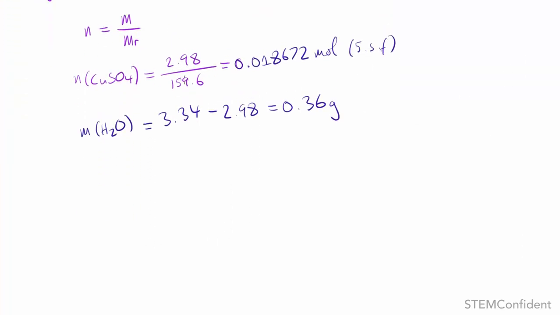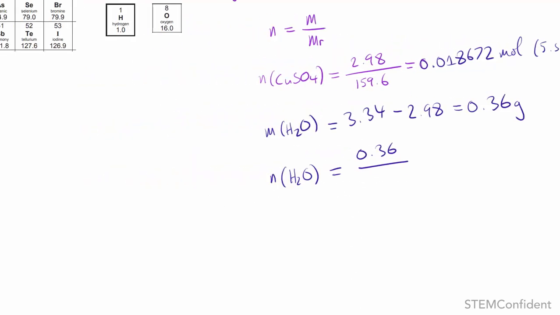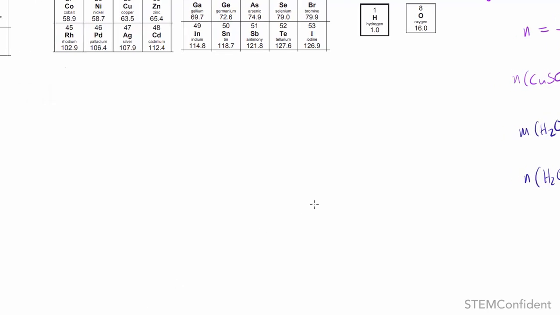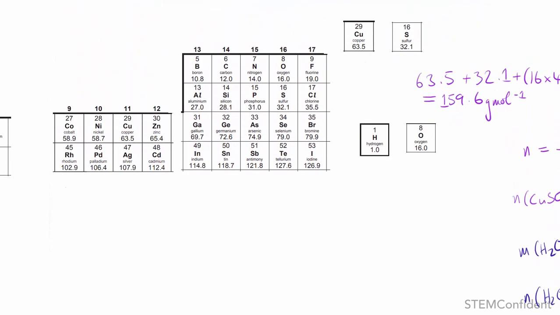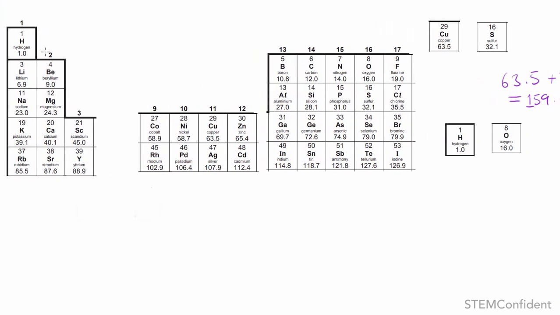And so in terms of the number of moles of H2O, that's going to be equal to 0.36 divided by the molar mass of H2O. You may already know what the molar mass of H2O is, it comes up quite commonly, but we can just use the periodic table.